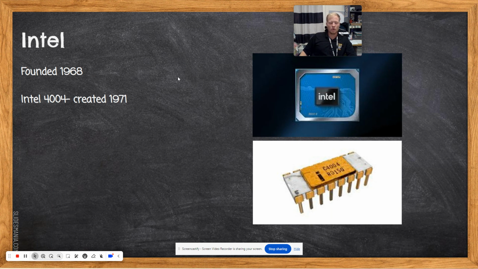And then he went to work for William Shockley, who created the Fairchild Semiconductor Company. But he and some of his buddies actually left to go create Intel around 1968. And William Shockley referred to them as the traitorous eight. So what did Shockley refer to him and the 7 other people that left? They were known as the traitorous eight.